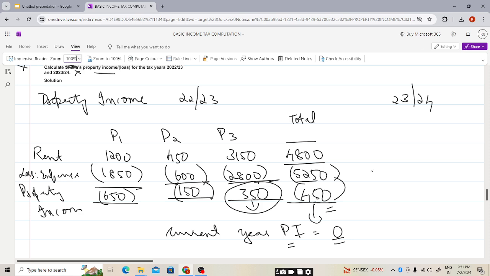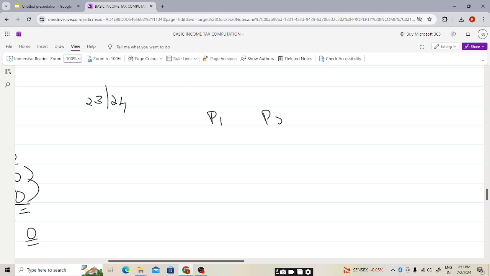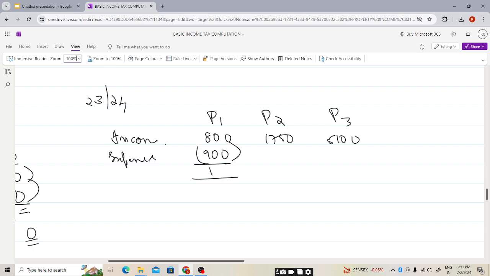Now following the next year, property 1, property 2 and property 3. The income will be 800, 1750 and 5100. Expenses are 900. So we have a loss.